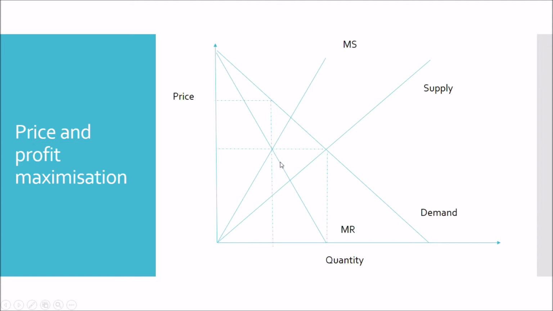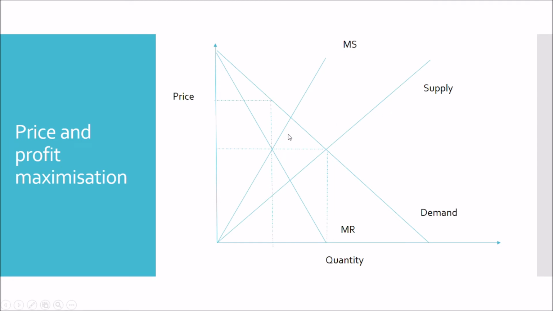Now here, if I add an additional one and sell an additional one here, I reduce my price to sell one more. I've reduced my price for this person I wanted to sell to, but also all these previous people as well, so my marginal revenue was lower, and the actual additional cost, the additional labour that I had to hire, plus all the additional amount that I had to pay for all my existing staff members, was higher.